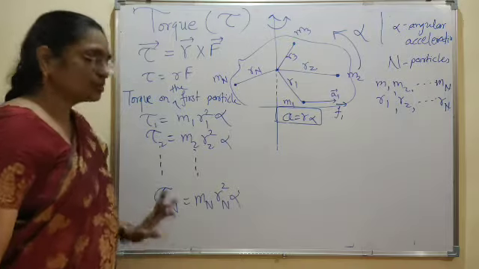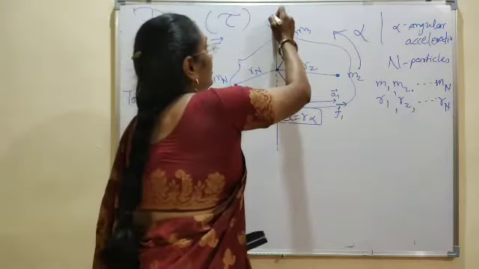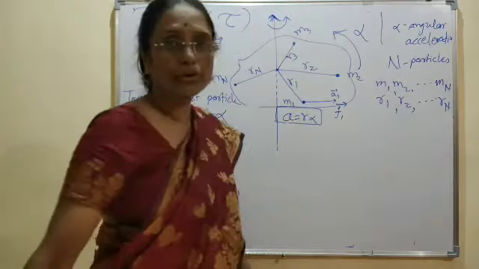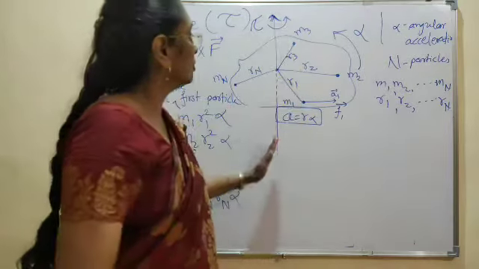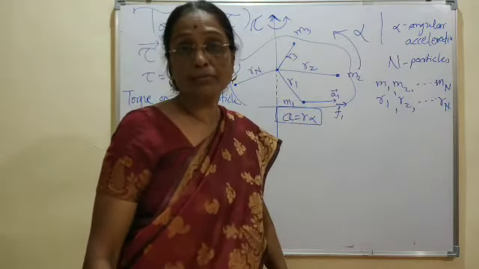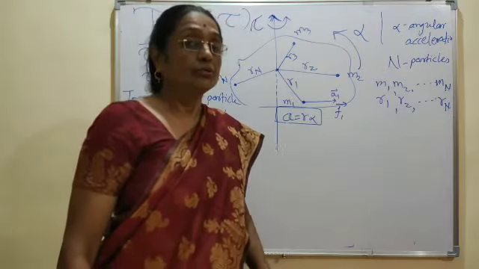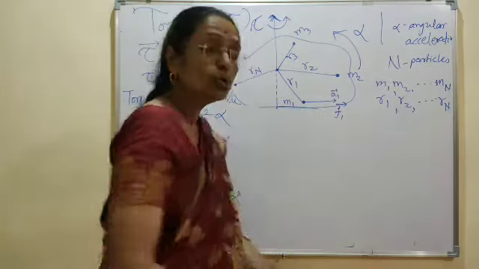All these torques for each particle are directed along the axis of rotation. The total torque is along the axis of rotation if the plane of rotation remains the same. This is one point we have to note.